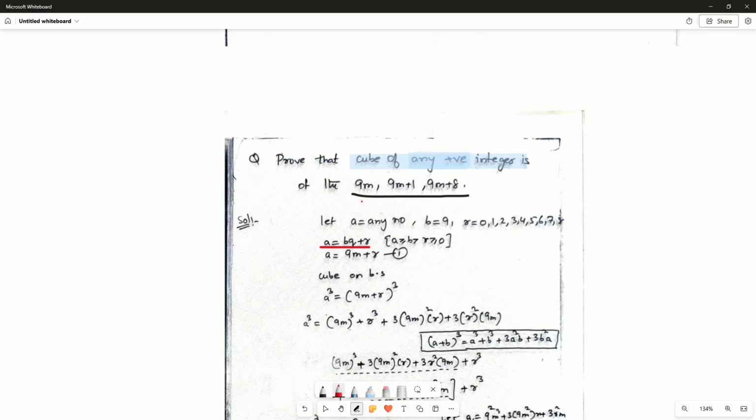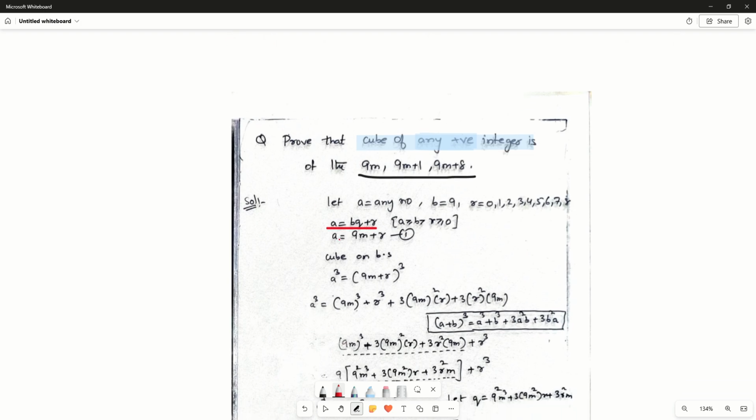If we relate it with the Euclid lemma, b is nothing but 9 from this respective question. Whenever you come across such questions, we can easily identify the b value.